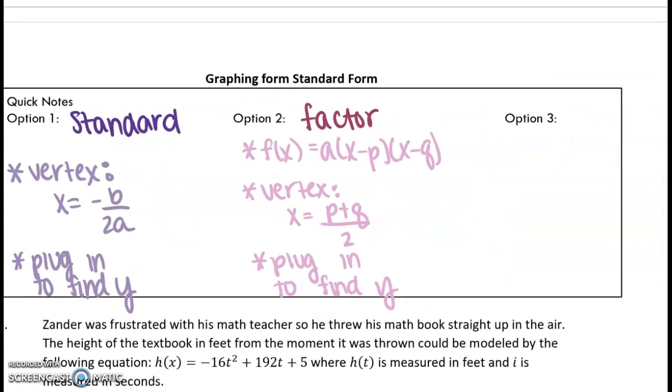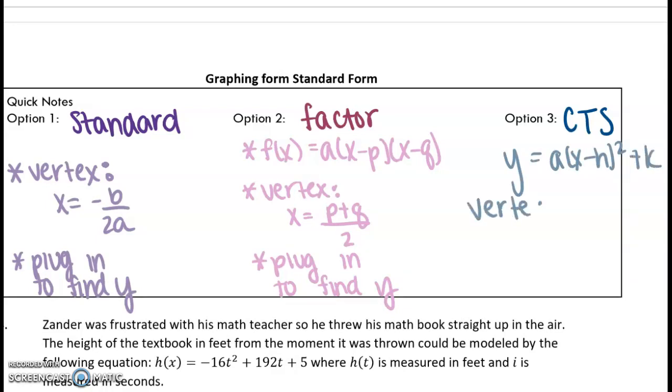Or your last option, you can complete the square. That will give you vertex form, where your vertex is h, k. So you have those three options there.